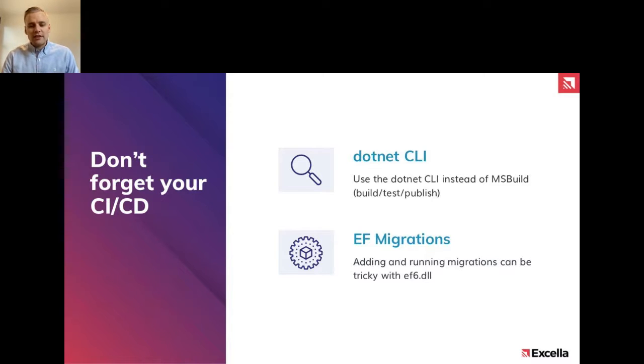The thing I want to mention is that if you are like us, staying on EF6.4 as you move on to .NET Core, which is fully functional and possible, have a look at your migration strategy if you're using code-first migrations, because it's a little trickier to run your migrations. It's not as straightforward. You can't use migrate.exe anymore. You have to use something called ef6.dll, and you have to do some PowerShell scripting to get this working properly, because you have to use the .NET executable to do this.